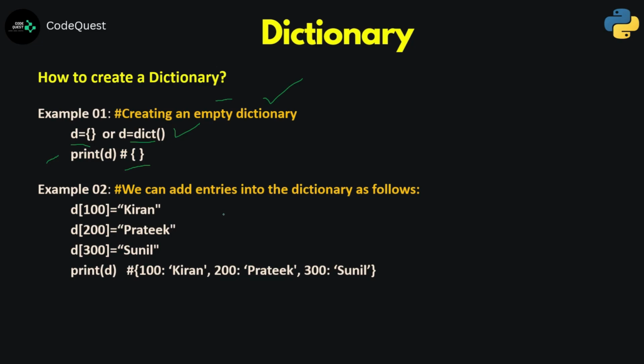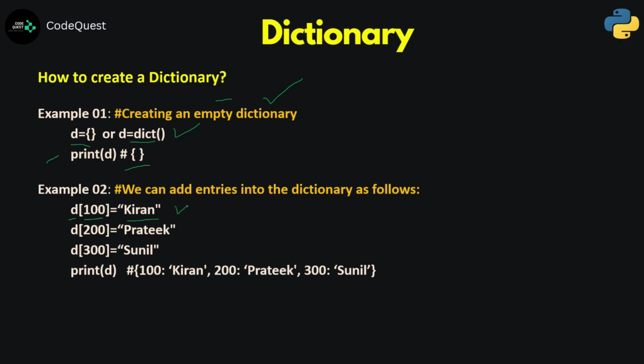Now we can also create a dictionary by simply adding one element to the dictionary. Like when we want to add the elements, we will take the help of some name. Say this is the dictionary name, and this within square bracket is nothing but your key, and this is the corresponding value of it.